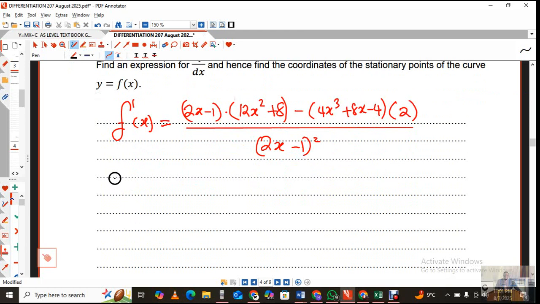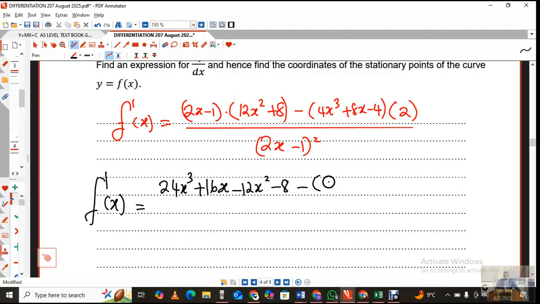So f prime of x is equal to, multiplying out those brackets at the numerator, 24x cubed plus 16x minus 12x squared minus 8. Then I'm going to have a negative here, then 8x cubed plus 16x minus 8.